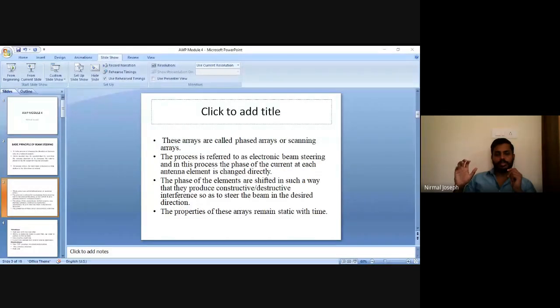If we have such a system of signals with the same frequency and different phases, and they are located closely, in an array, what is going to happen?